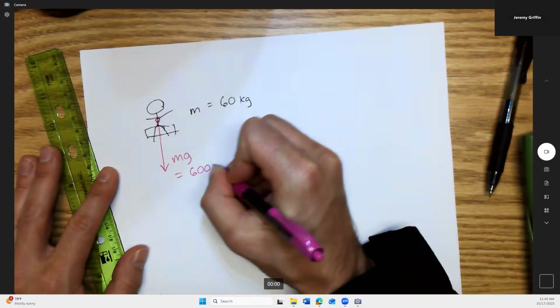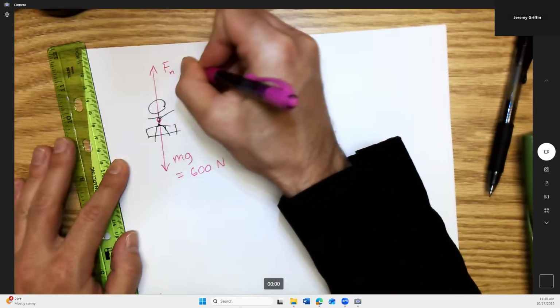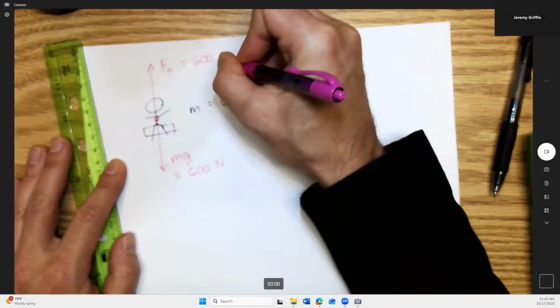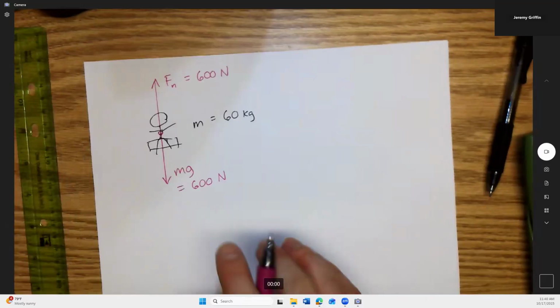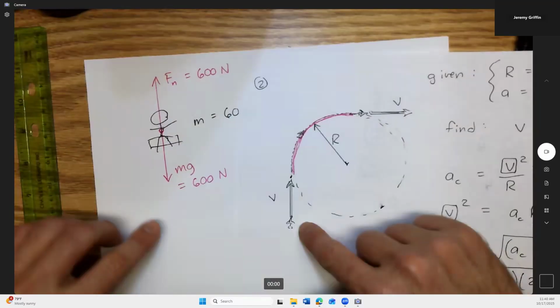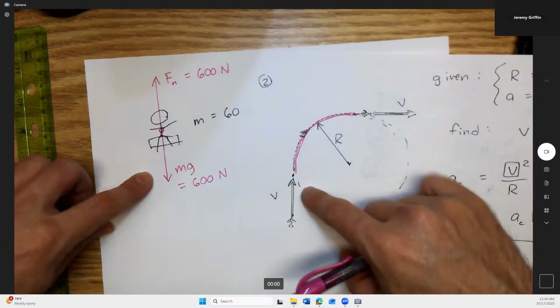Yeah, 600 newtons. And the normal force from the seat would be balancing that out, and that would be the scale reading, which would also tell you 600 newtons. Is that right? That's when the plane is going at constant velocity, which could be right here, or here for that matter.